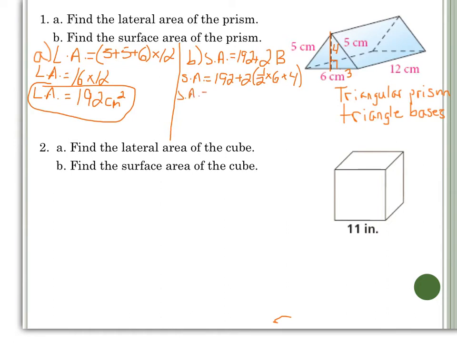So then surface area equals 192 plus 2 times 12, or 192 plus 24. So our surface area is 216 centimeters squared.